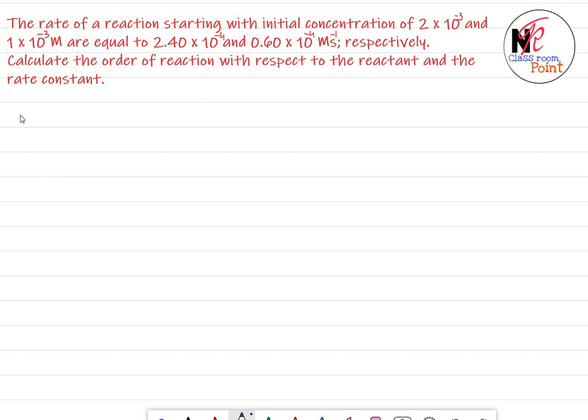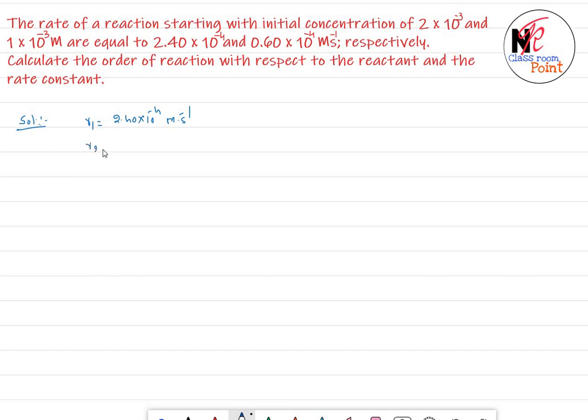First of all, let's write down the data so that we get the idea how to solve the question. There are two rates given. Rate of reaction R1 equals 2.40 into 10 power minus 4 molarity per second.